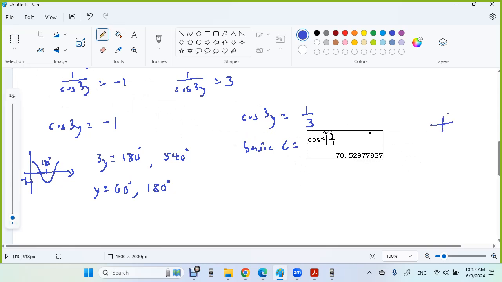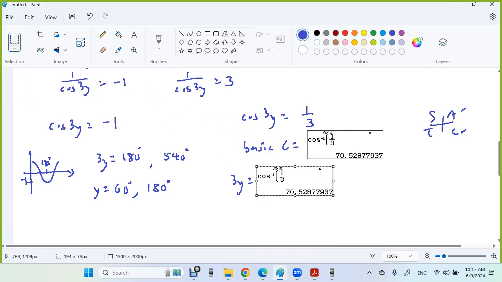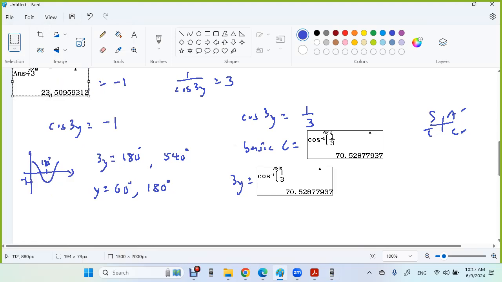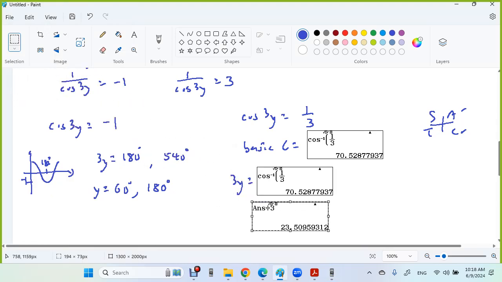So we have the ASTC. Cos positive will be the first and the last quadrant. So the 3y will be 70.5, and then divide by 3, so this is 23.5.